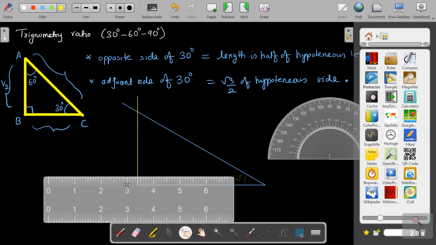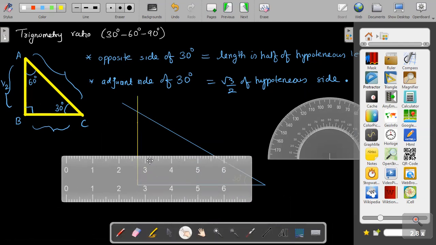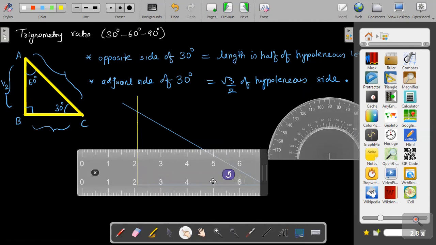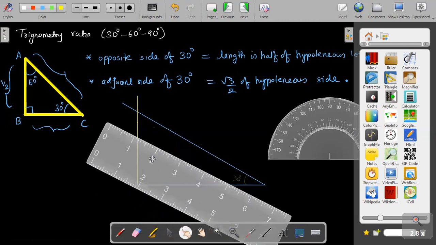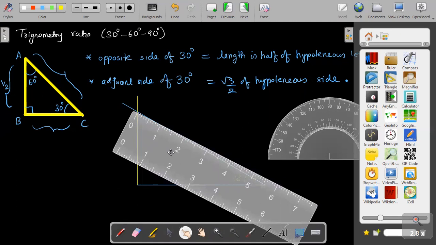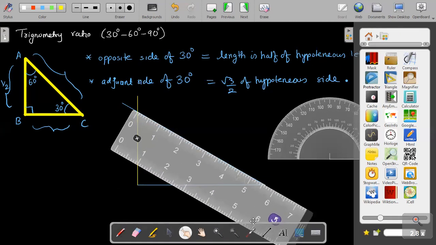We will use this ruler and try to find out the length of hypotenuse first. Let us use this. How much is it showing? I think 5.6. Okay.